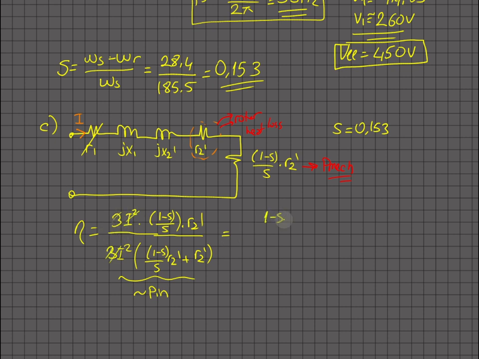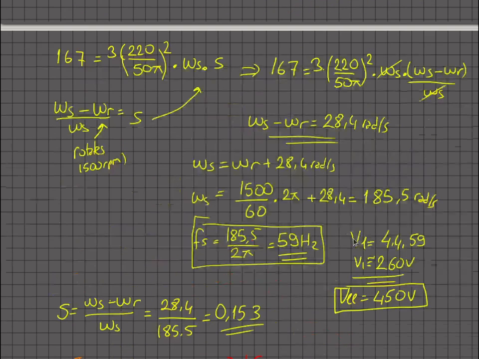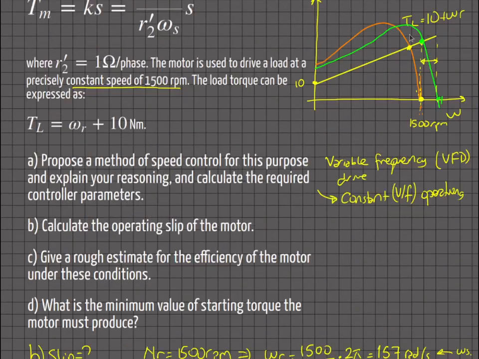So you can get rid of all those things. In the top you have (1 minus S) over S times R2 prime, and here if you add that one, S goes here, so it becomes R2 prime over S. It cancels with that one, so you find it is 1 minus S. Efficiency can be approximated as 1 minus S. As the slip gets smaller, the losses in your system get smaller, so your system gets more efficient.